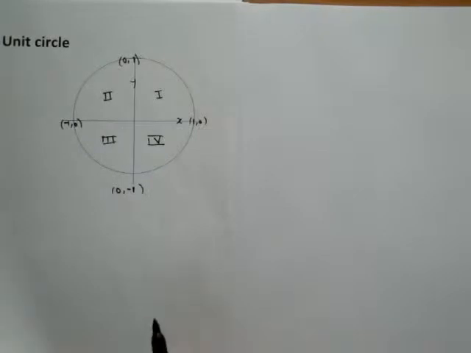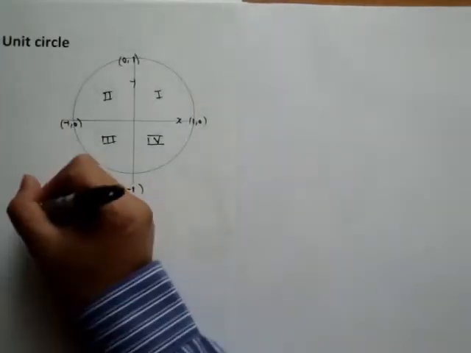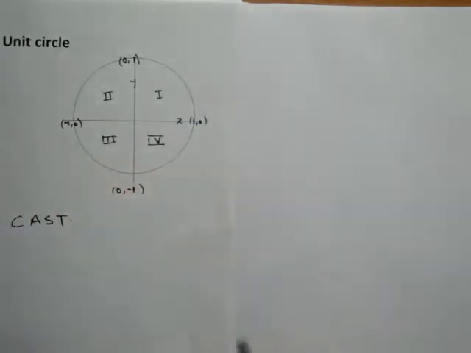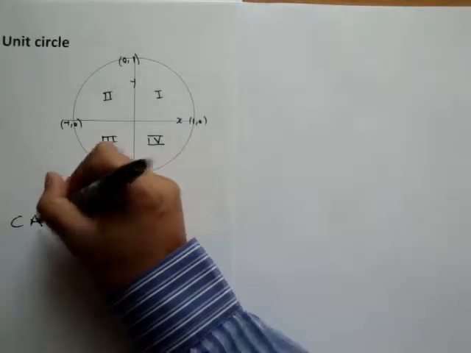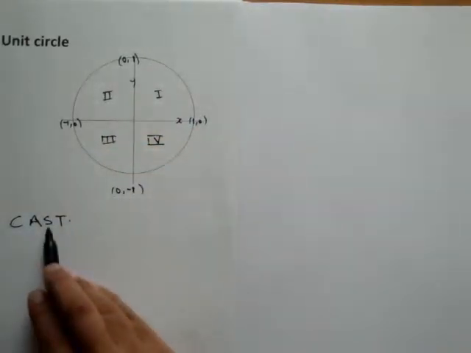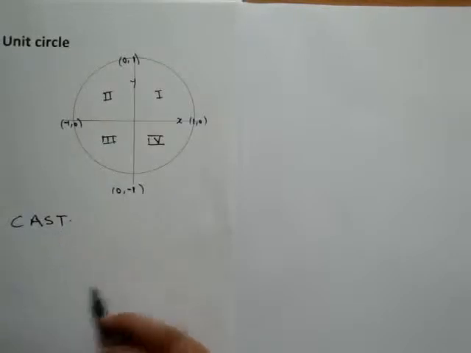Then what we need to consider is the CAST, C-A-S-T. C stands for cosine, A stands for all, S stands for sine, and T for tangent.